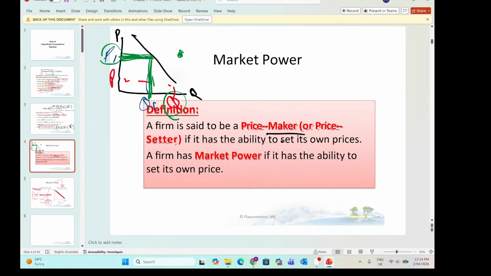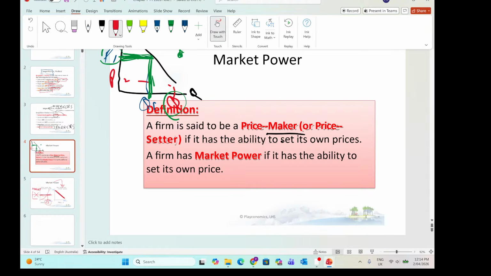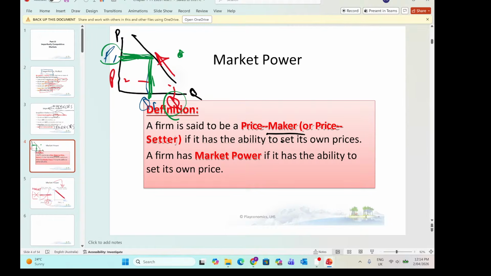In this example before you, you can see that the firm can charge P1 or P2. Now, if they decide to change the price, then there will be a movement along the demand curve.